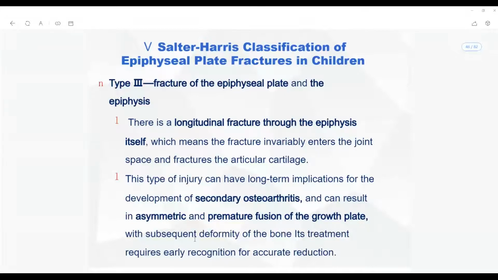So there is a subsequent deformity of the bone, and the treatment requires recognition for accurate reduction. You have to understand one thing here.